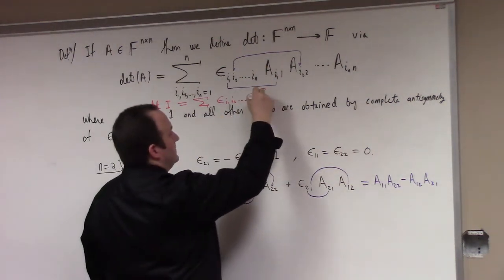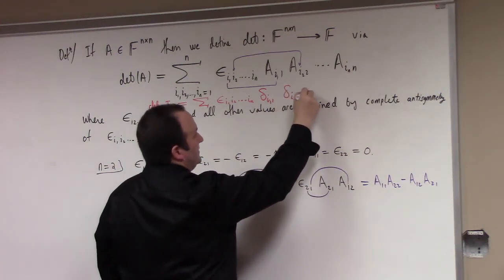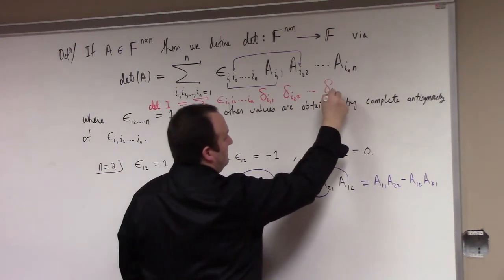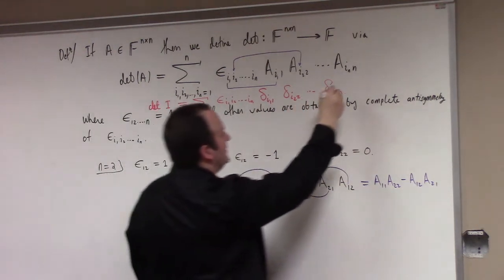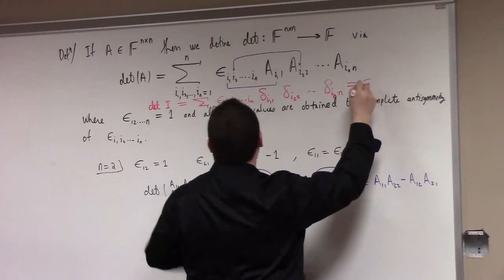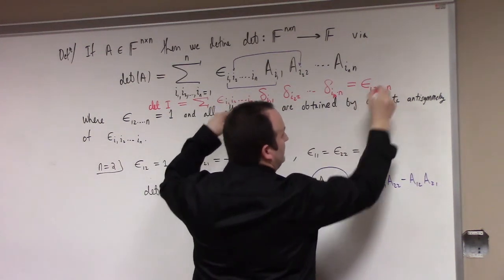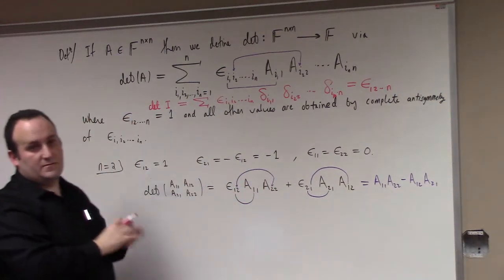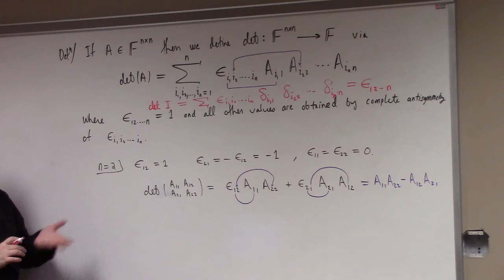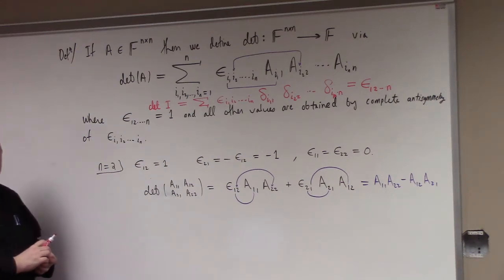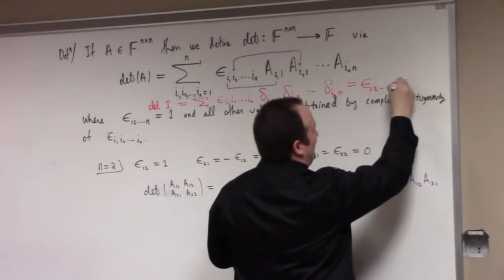We'd have delta i1 1, delta i2 2, delta in n. What's that do? Well, that collapses the sum to just what? Epsilon, i1 replaces with 1, i2 replaces with 2, and so on. Collapsing those sums, we calculate directly from the definition that the determinant of the identity matrix is not 0. This, by definition, is 1.